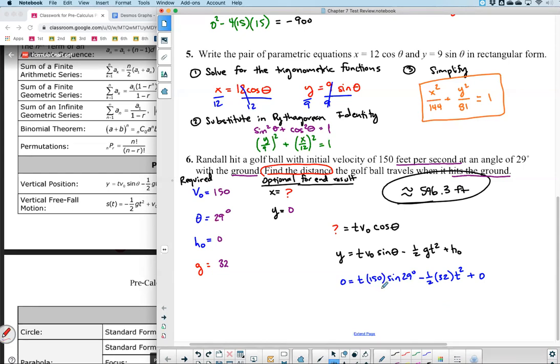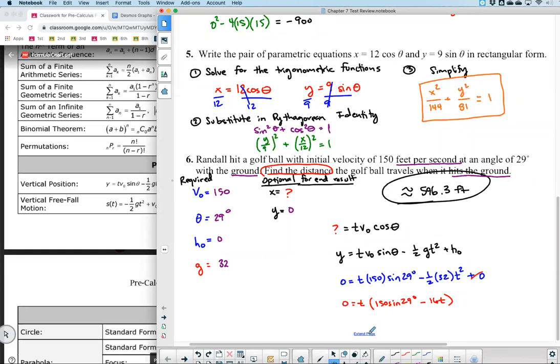If your unknown has a power of 2 or greater, you need to factor to solve this problem. The 0 goes away. I don't have to do the X method because the C disappears at 0. So all I'm left with is AX squared and a BX, if you think in terms of quadratic, which means I can do a GCF here. They both share a t. If I factor out t, I have t times 150 sine 29 degrees minus 1/2 of 32, which is 16, times t.